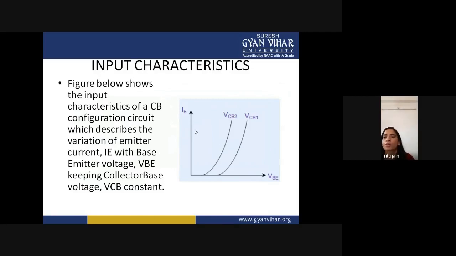Here we are taking two constant voltages, VCB1 and VCB2. IE is your input current and VBE is your input voltage. When you increase the voltage, the current also increases. If you take different values VCB1 and VCB2, which are your output voltage, you will get these kinds of characteristics.